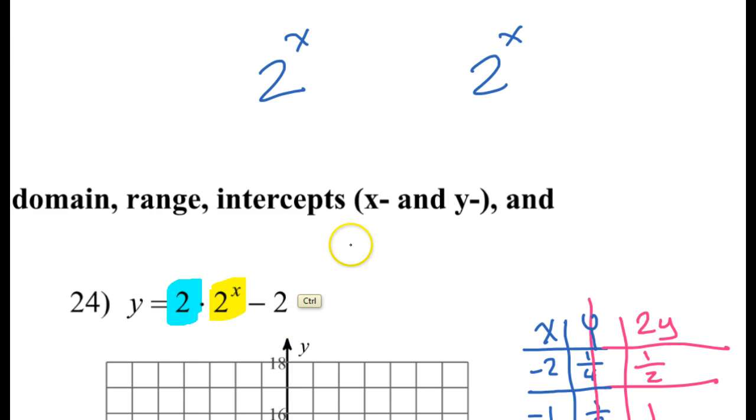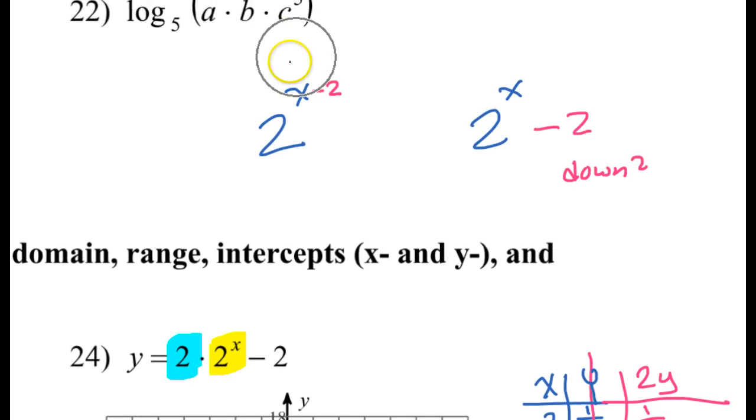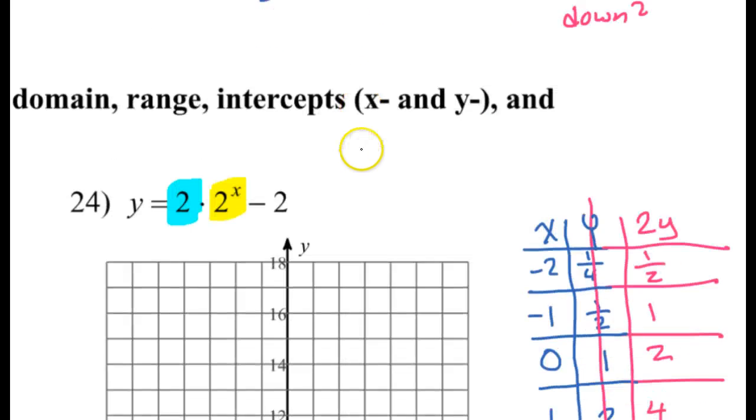In this case, the -2 is going to be your down 2. That's considered to be outside the function. The inside the function gives you the left-right motion, like you just said, when it's all up in the exponent. And you know how it's always opposite, so this would be right 2 in that case.